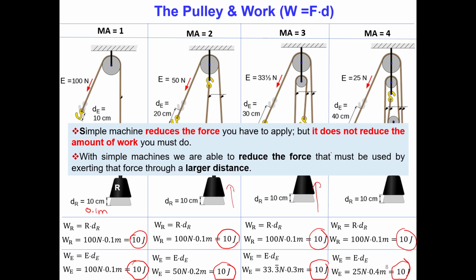And this is why at the end the work is the same. The work is the same because we are trying to do exactly the same thing. If we want to move this resistance, whose weight is 100 newtons, 10 centimeters, the work we want to do is exactly the same. This is why we have 10 joules in all the cases.